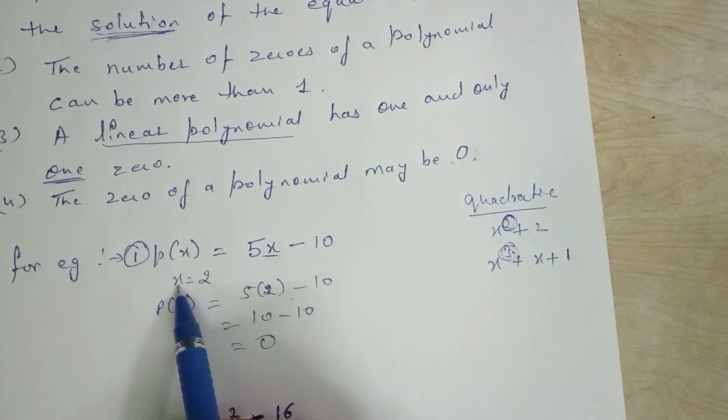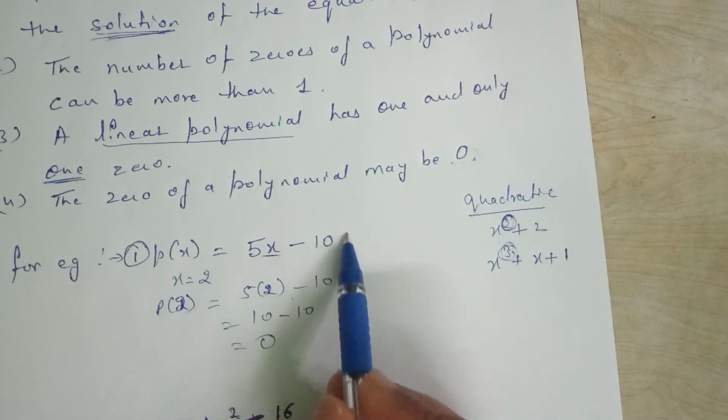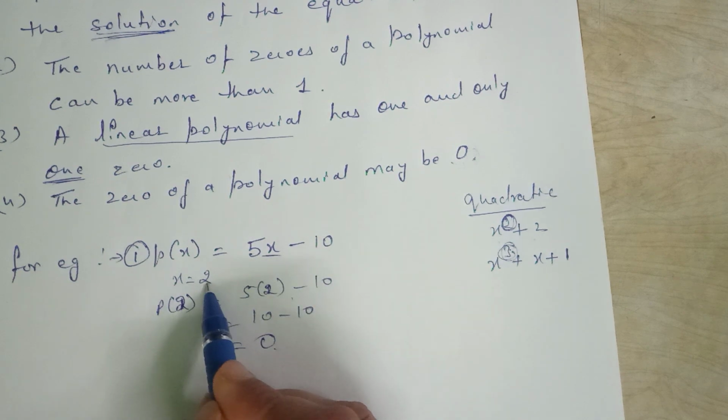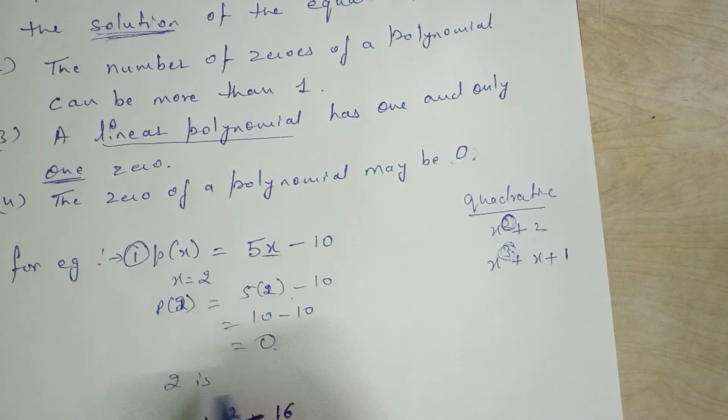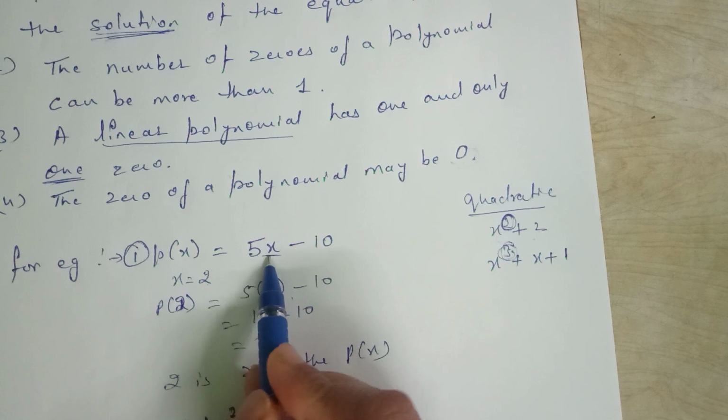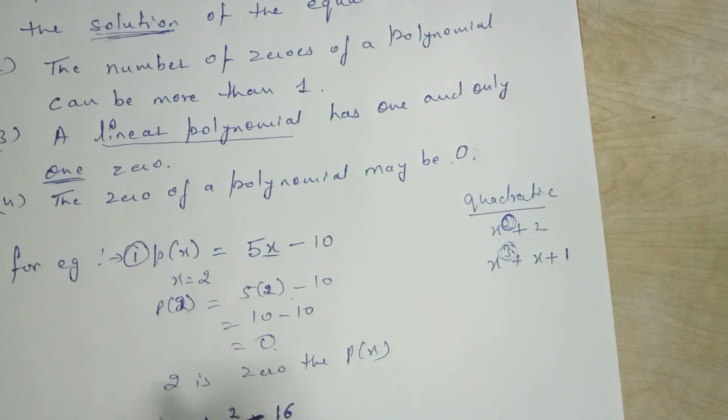So when we take x equal to 2, the value of the polynomial becomes 0. So we say 2 is the zero of the polynomial. Which polynomial? Linear polynomial. It has only one zero and that is 2.